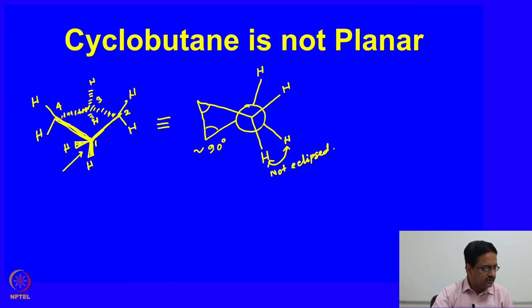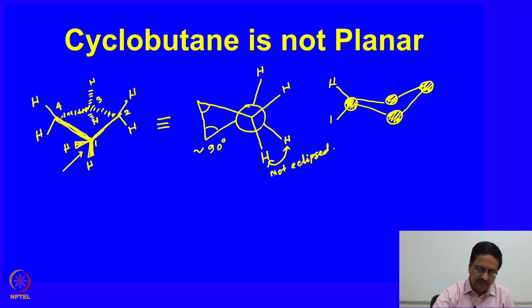If you try to draw this molecule using the ball and stick model, one can think of drawing it like this. Then you have the hydrogen atoms like that.